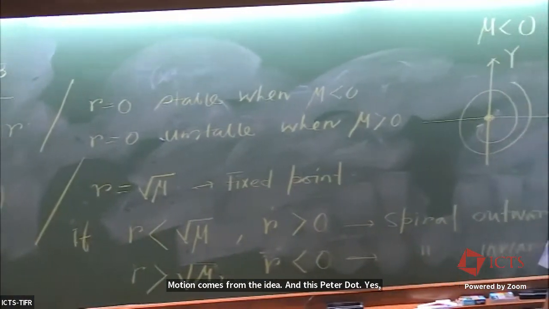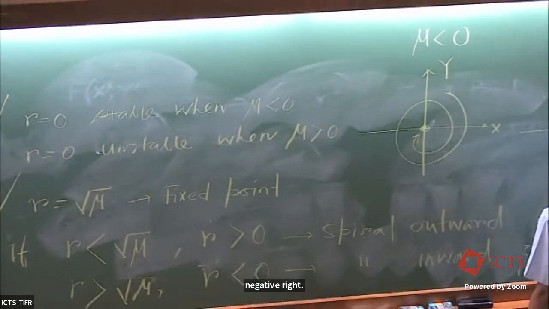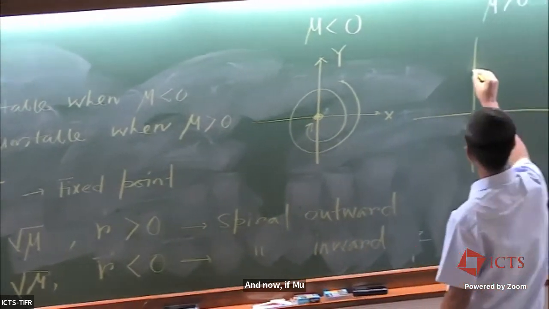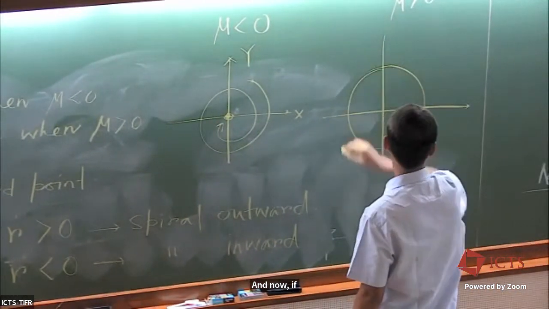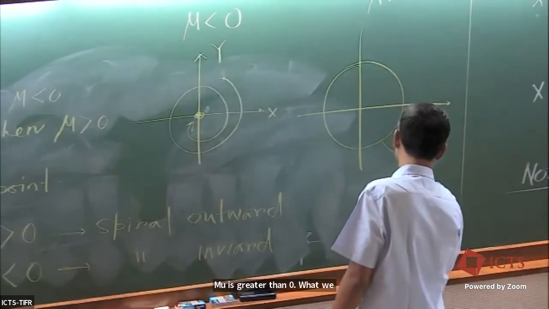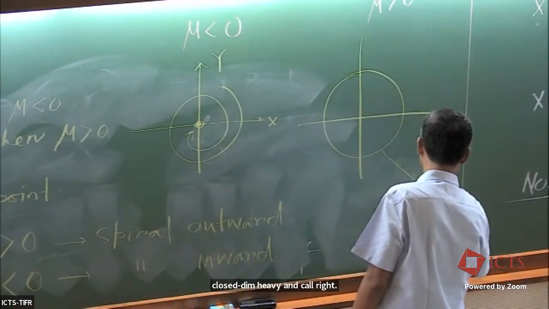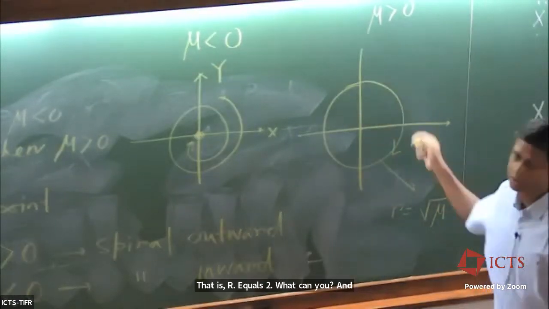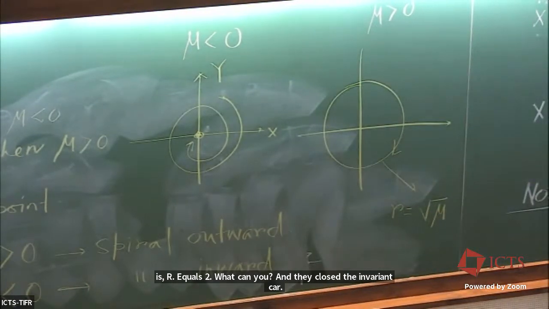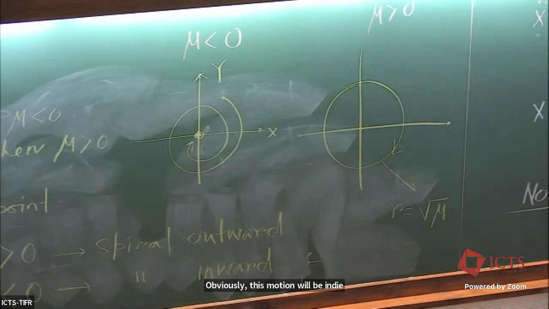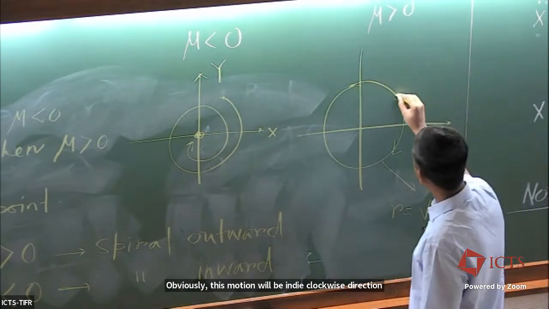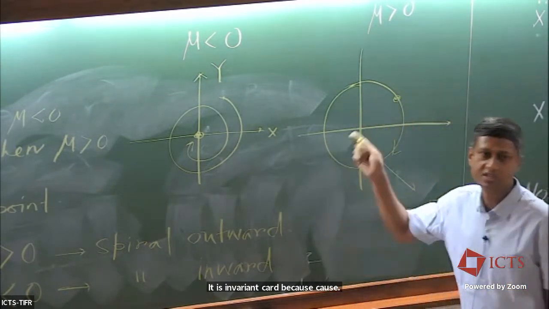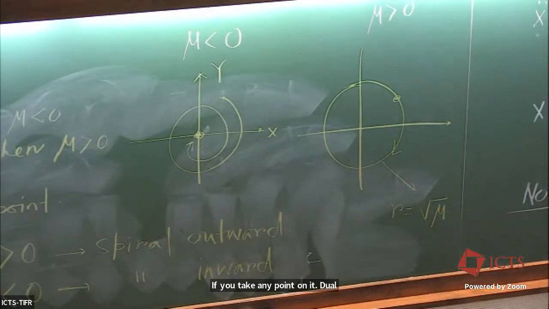And now if mu is greater than 0, what did we get? We already got a closed invariant curve, right? That is r equals root mu. And on the closed invariant curve, obviously, this motion will be in the clockwise direction. It is an invariant curve because if you take any point on it, it will stay here forever, right?